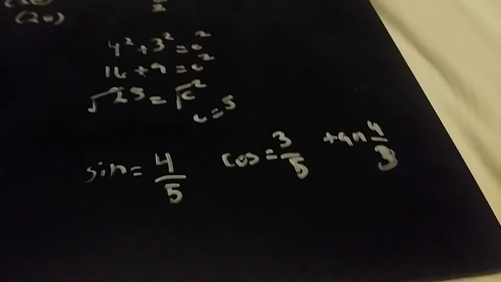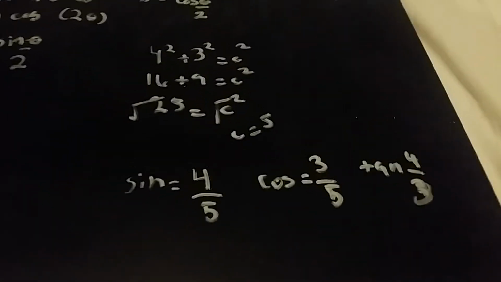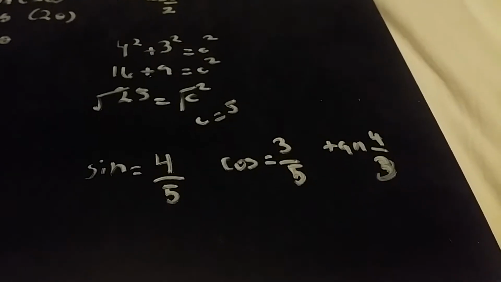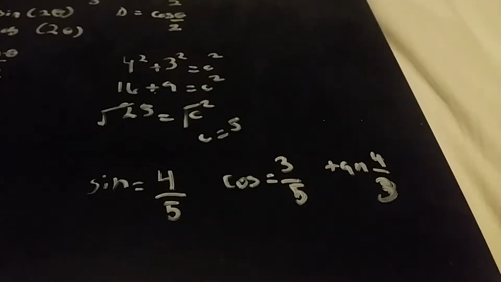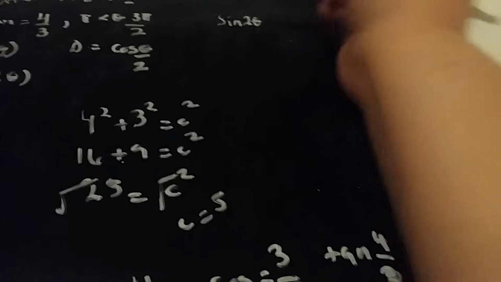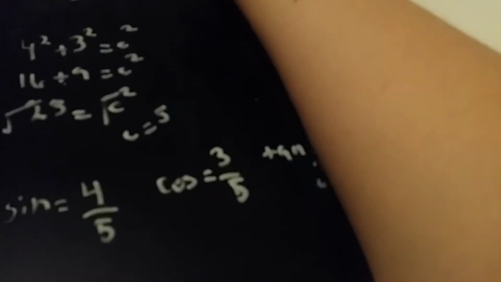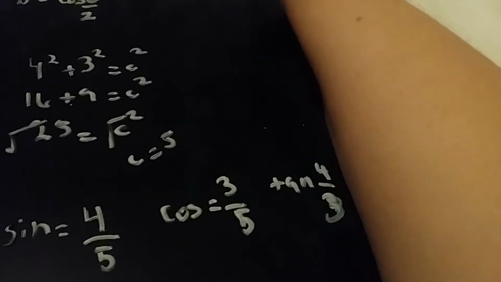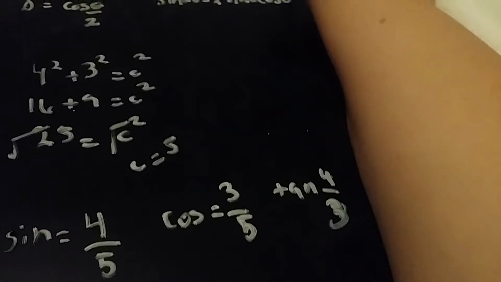So for the first part, we're going to look at the double angle identity formula. When you look up sine 2 theta, you get sine 2 theta equals 2 sine theta cosine theta.